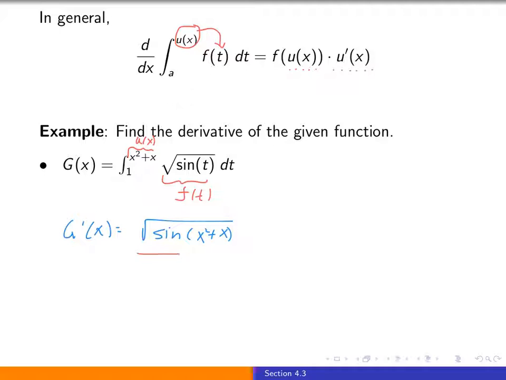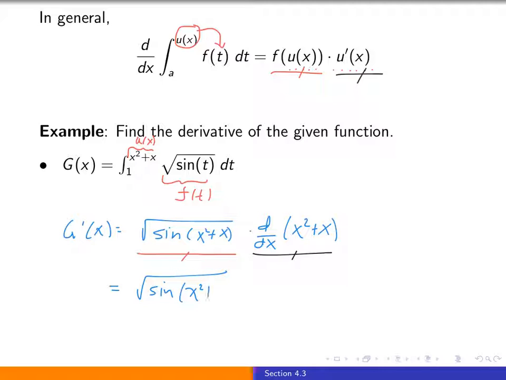And this would correspond to the first part of the product that we have above. And then what we need to do is multiply by the derivative of u of x, where this second part, the derivative, is corresponding to the u prime of x. So now just to evaluate that derivative, it would be the square root of the sine of x squared plus x multiplied by 2x plus 1.